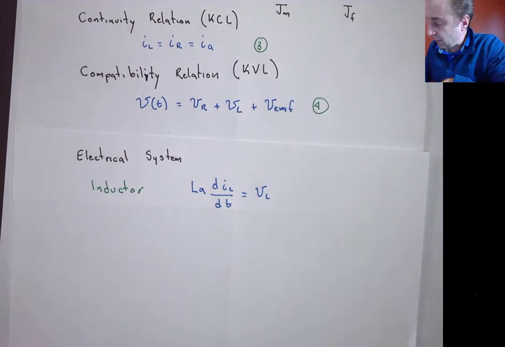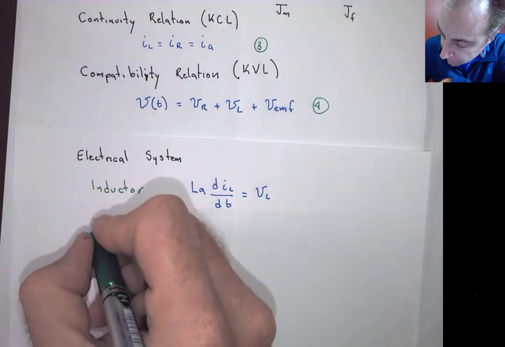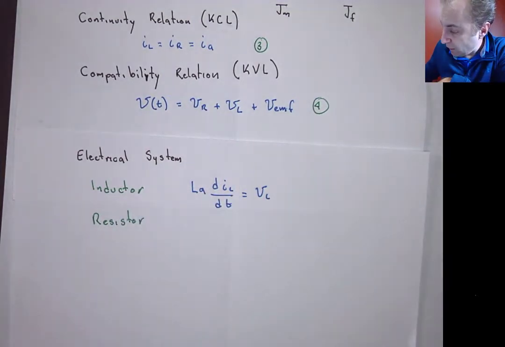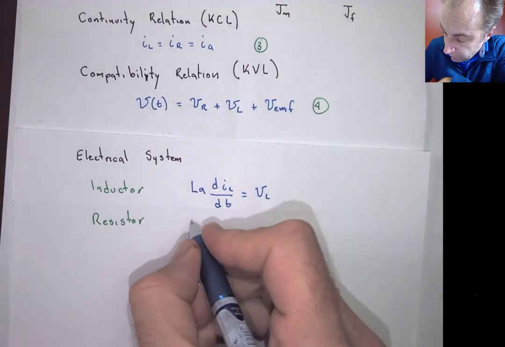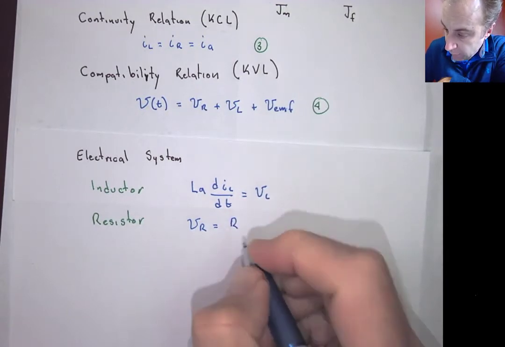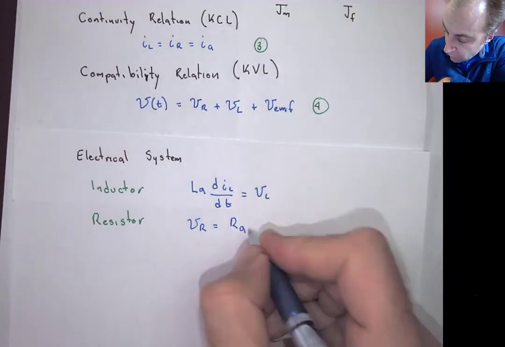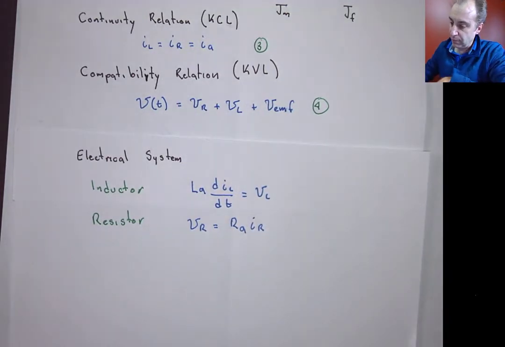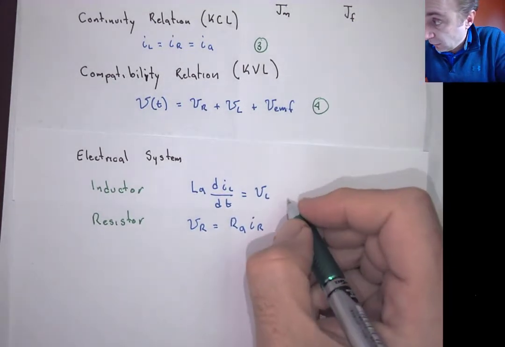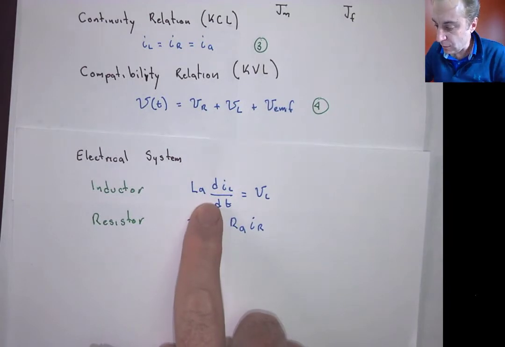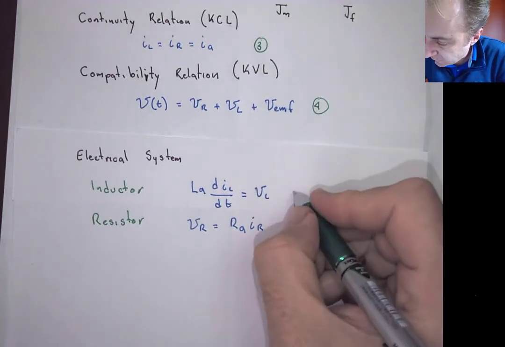Okay, and then for the resistor, we're going to have, I was using blue, that VR is going to be equal to, I define it as, RA times IR. Okay, and this is going to be equation 5 and 6. Actually, what I'm going to do is, let's call it 5 and 6.